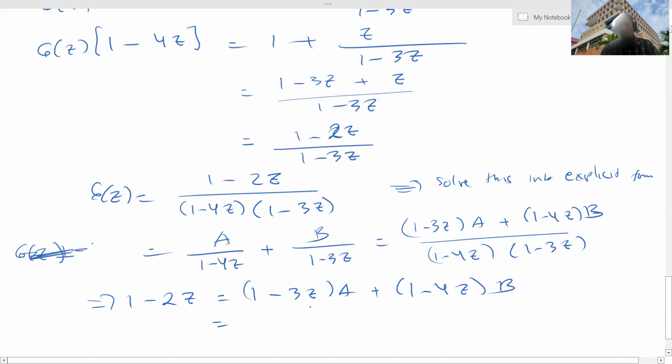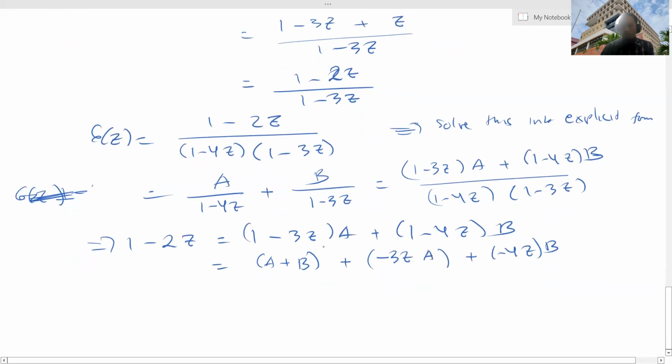Of course we simply multiply them together and collect the similar terms, so you get a plus b, plus minus 3za, plus minus 4zb. Now from here, this is equal to a plus b plus z times minus 3a minus 4b.